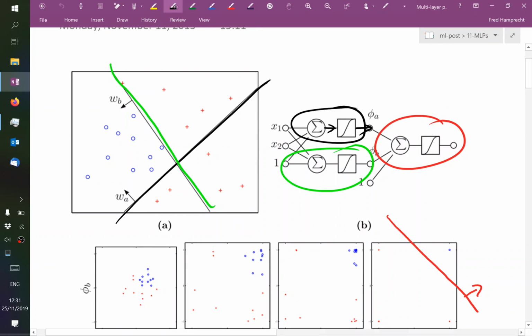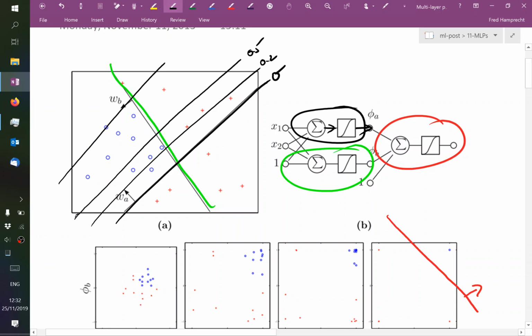Let's say for the black one, this means we're going to predict 0 here, and we're going to predict whatever, 0.2 there, and 0.5 here, and then 0.9 there, etc. And on the other side, we will have minus 0.2 here, and minus 0.5 there, etc. So we have a sigmoid.